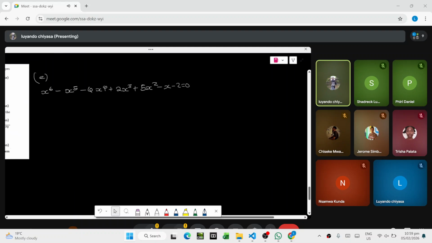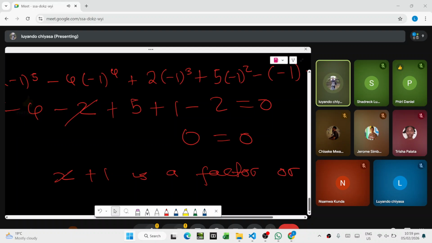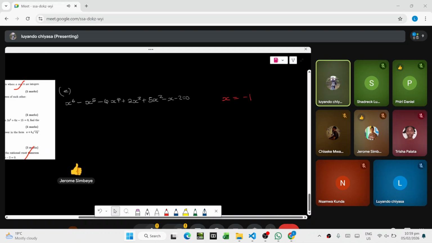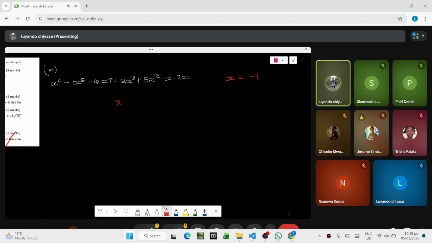So my factor, according to what we found, is x equal to what? Negative 1, right? That is our factor.